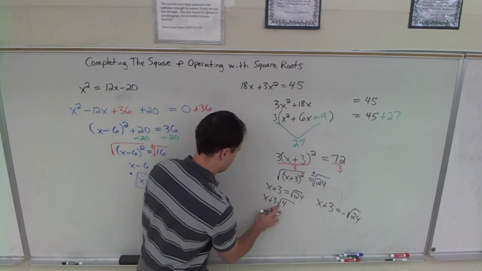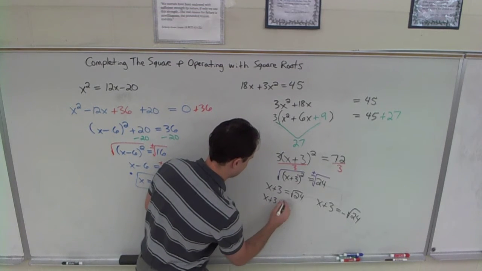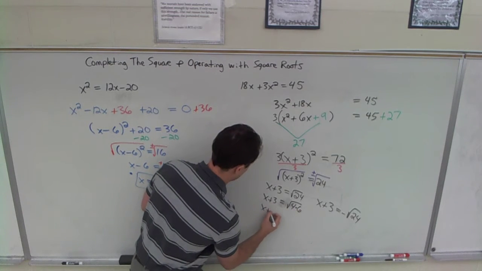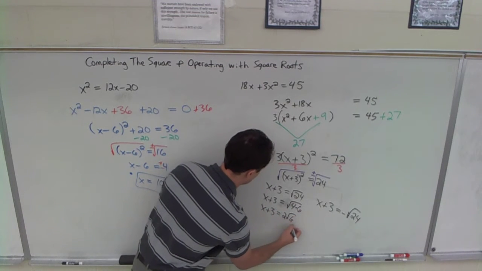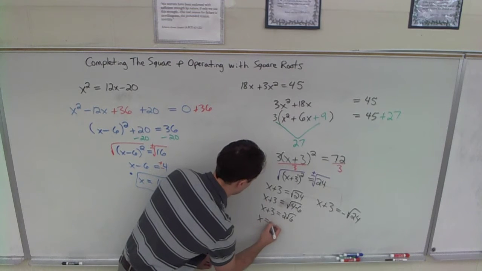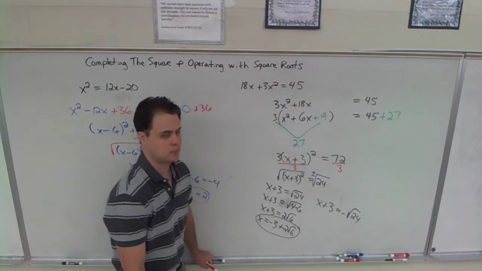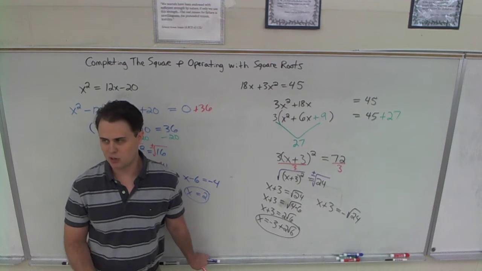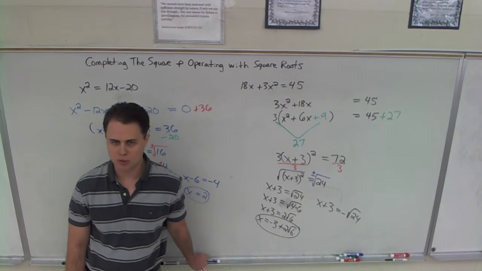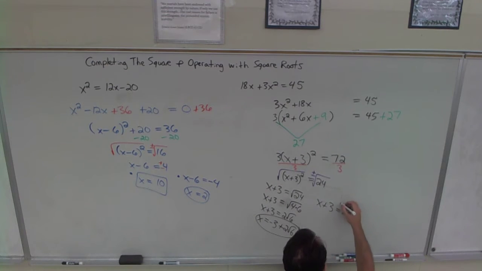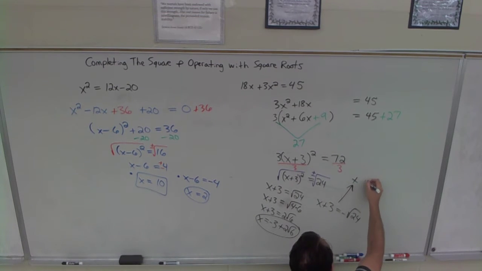Oops. Oh man. So this says x plus 3 equals 2 root 6, minus 3, minus 3. There's one of the answers. This, by the way, we couldn't have done this problem factoring. It's impossible. Well, I shouldn't say impossible, but well beyond the scope of our course.